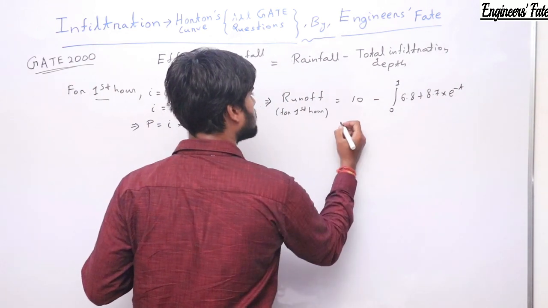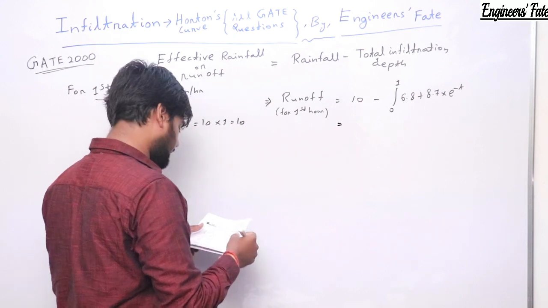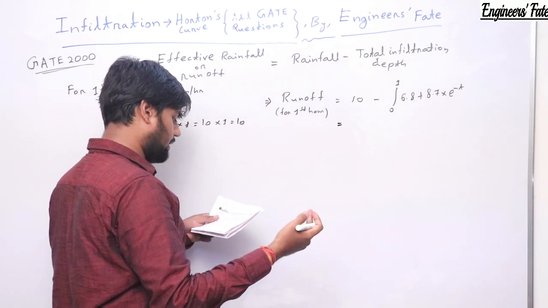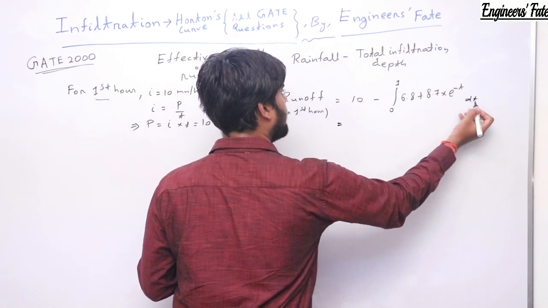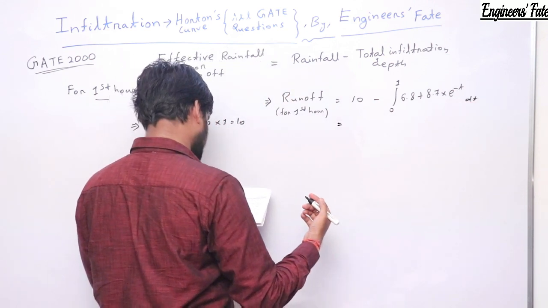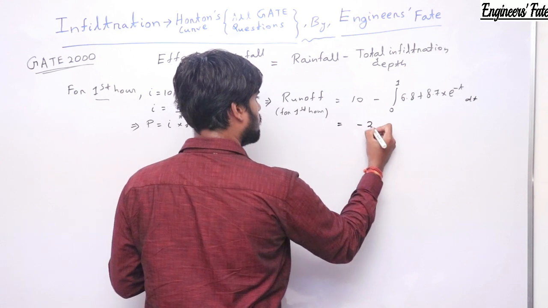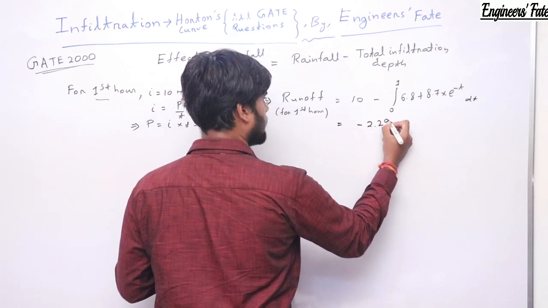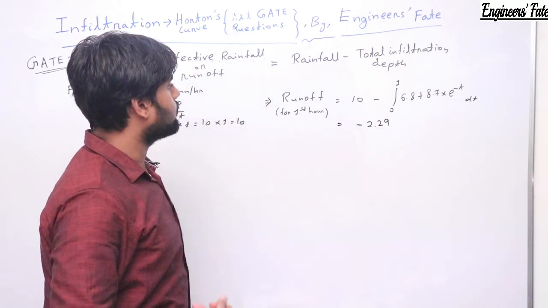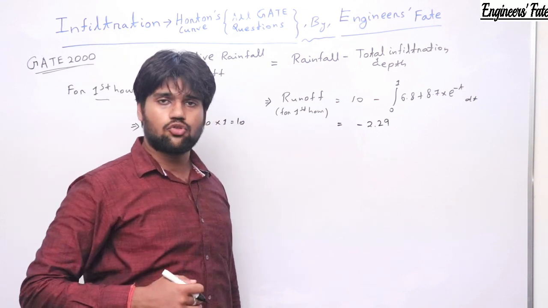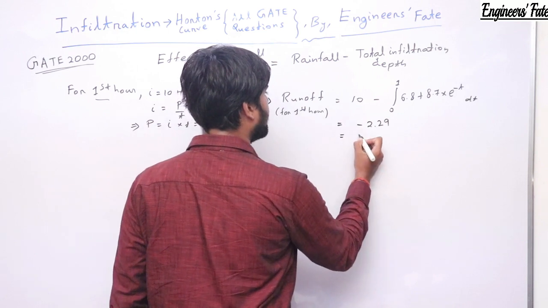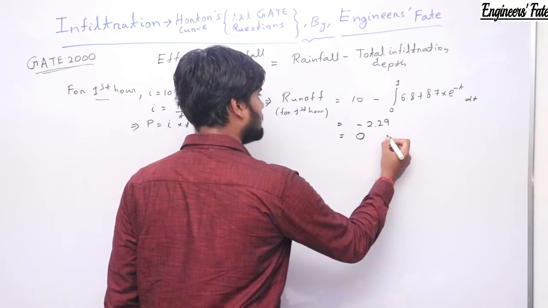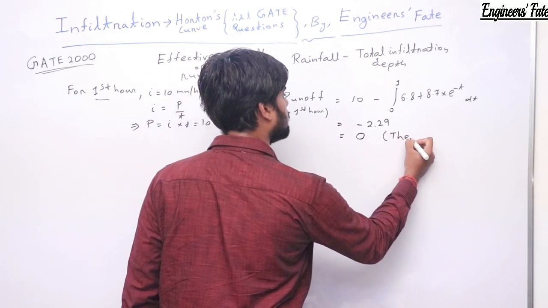So if you just integrate it, you will find that the value will be minus 2.29. Should I write that minus 2.29? No, I should write it as 0. That means there is no runoff.